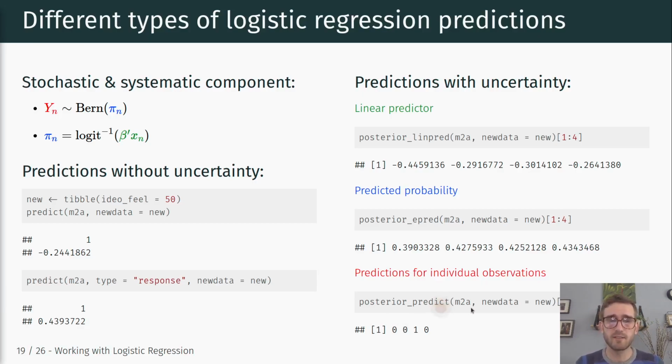Every time you run this command, you flip a coin for each of those individual observations with the respective draws from the posterior distribution and the resulting predicted probabilities, okay? So every time you run posterior_predict, you'll get a different vector of zeros and ones, because you take into account this last step in our data generating process where we actually flip the coin with those respective predicted probabilities.